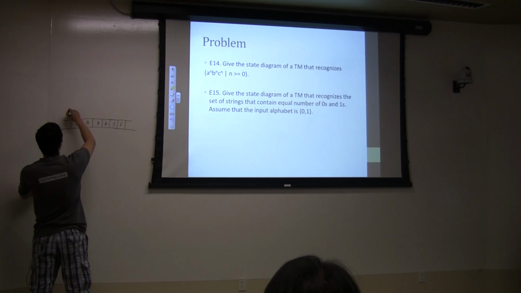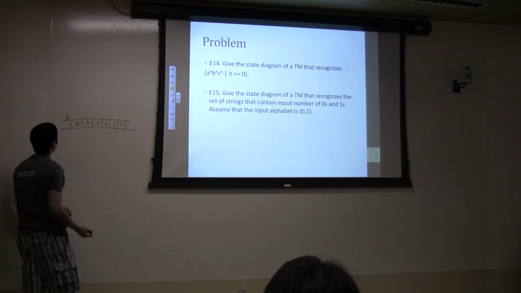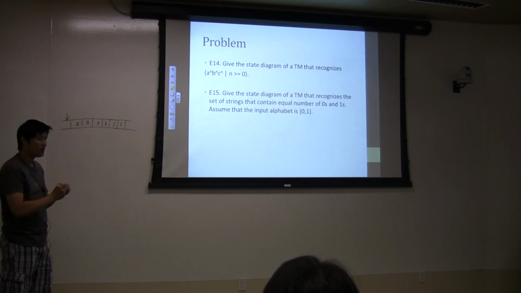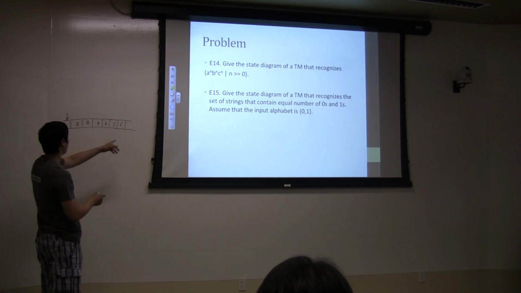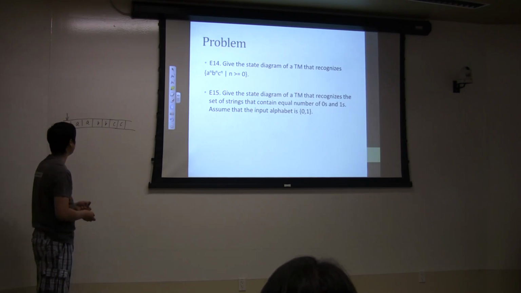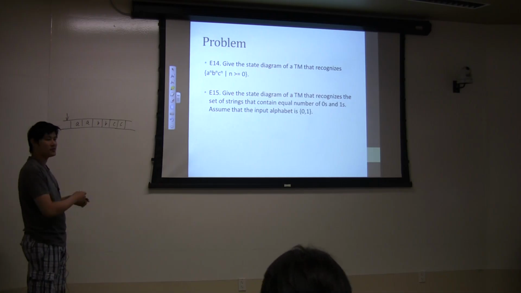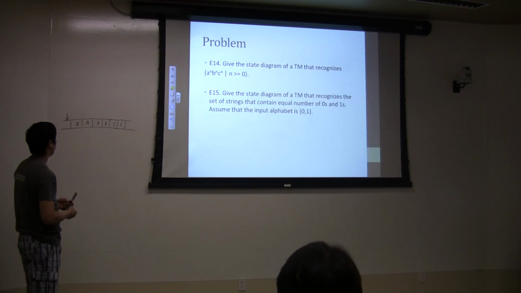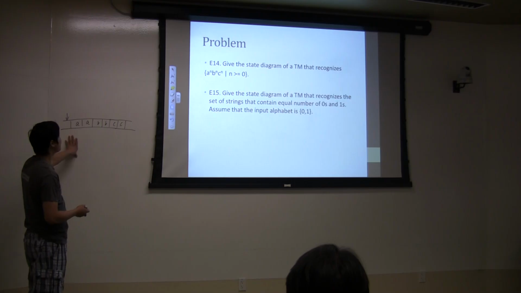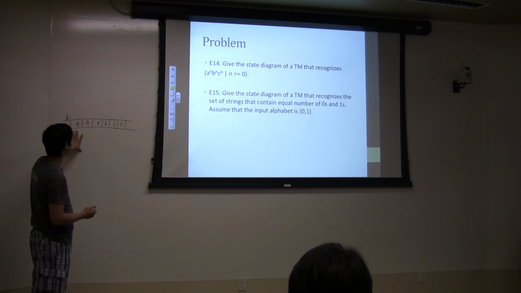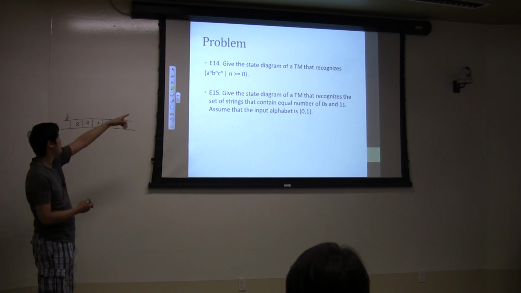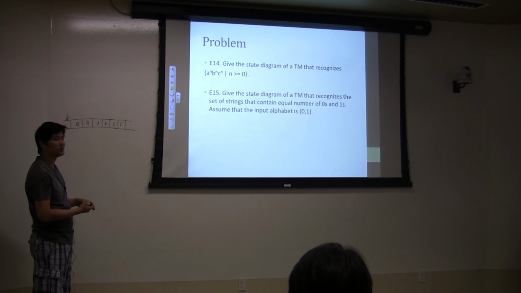We have a head pointing at the beginning of the tape, and we have some blanks that denote the beginning and end of the string. Basically, your Turing machine describes how to recognize whether the string on the tape belongs to the required language.